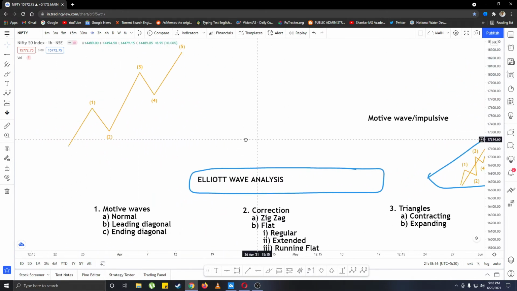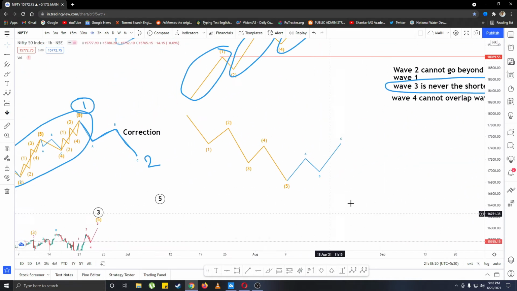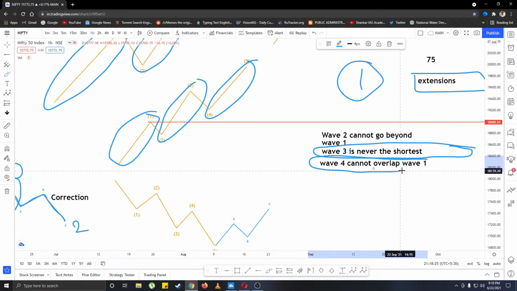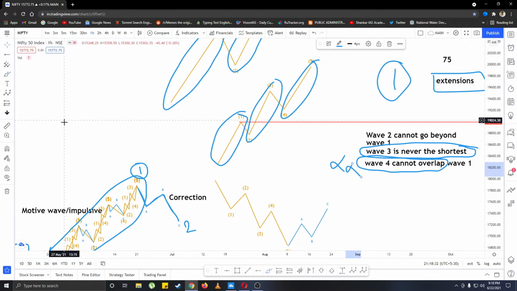in a leading diagonal, the rule number 3, where have you written this rule 3? Sorry, the last rule, wave 4 cannot overlap wave 1, is violated, and this is an exception in the case of a leading and an ending diagonal.